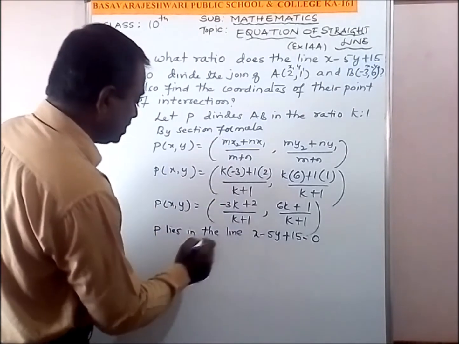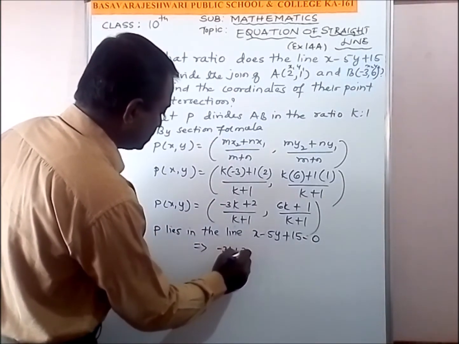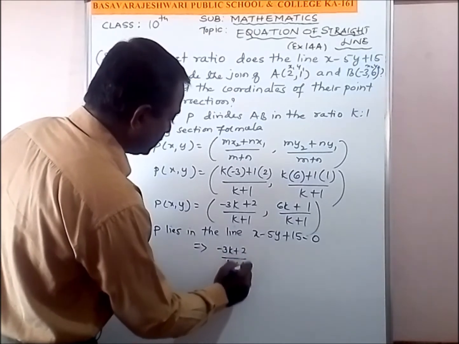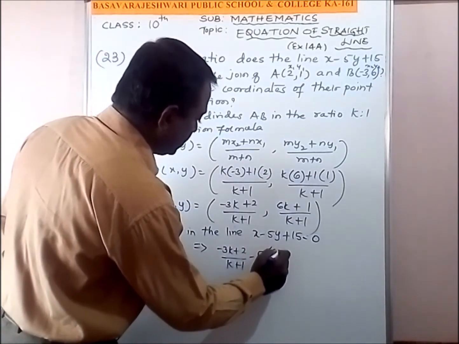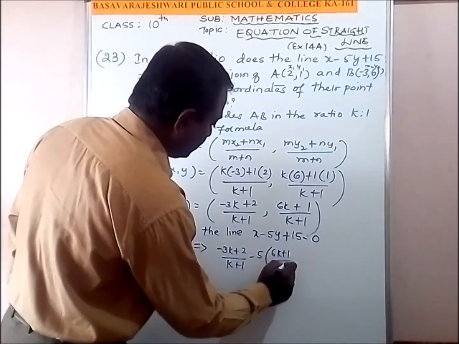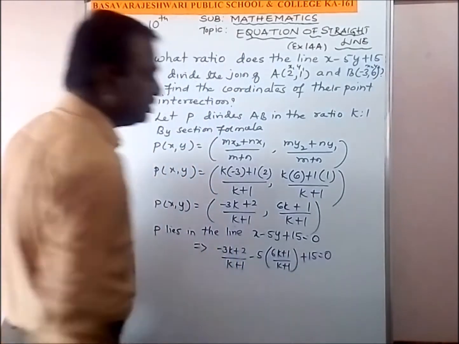Substitute this in. So this implies x means minus 3k plus 2 by k plus 1, minus 5 into 6k plus 1 by k plus 1, plus 15 is equal to 0.